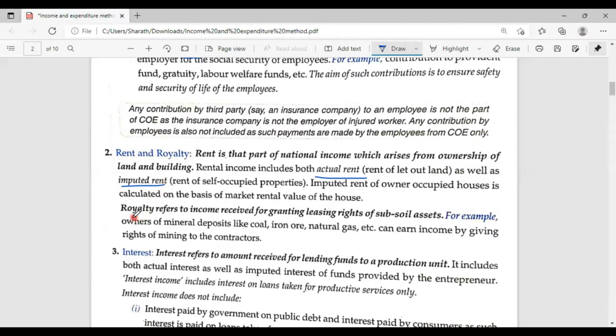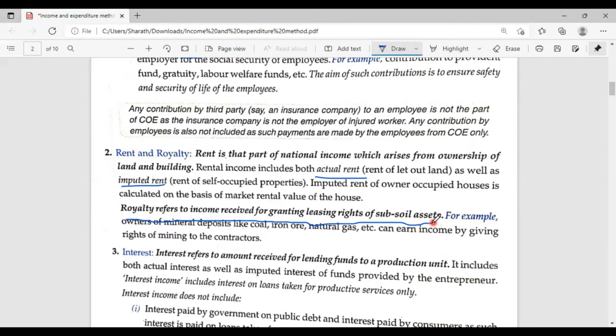Royalty is a kind of income received when you are leasing out rights of subsoil assets, like allowing your land for mining or extracting some resources or using land for other purposes. The income you receive from that is treated as royalty. Royalty and rent could be considered one and the same.